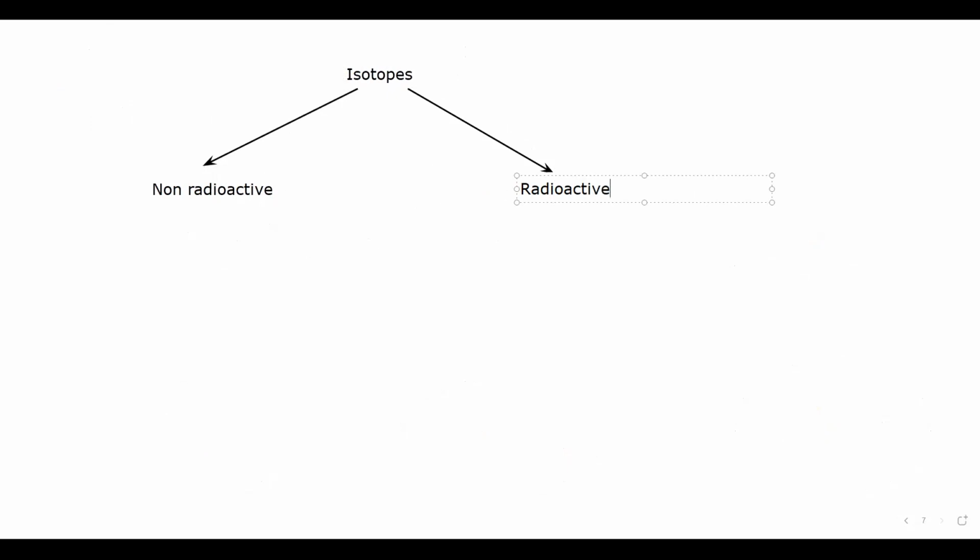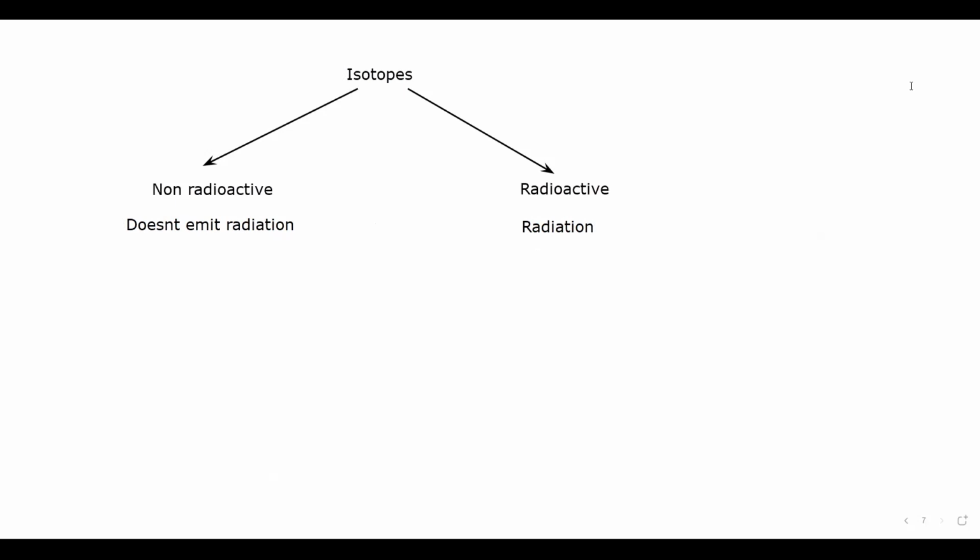So a non-radioactive isotope does not emit harmful radiations, whereas radioactive isotopes emit radiations or energy is released from that. And there are uses. About the radioactivity in detail, you will study in physics block 5 what the concept of radioactivity is.